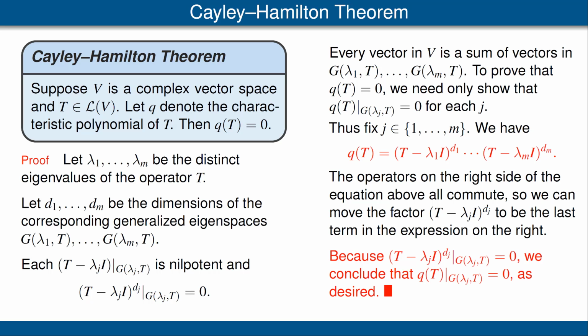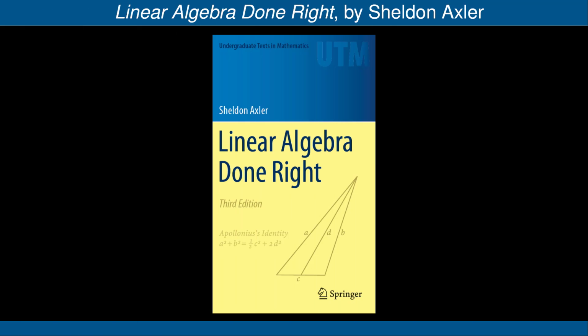In other words, we've proved that the operator Q applied to T restricted to the generalized eigenspace of lambda j of T is equal to 0, and thus Q of T is the zero operator, completing the proof of the Cayley-Hamilton theorem. This concludes part 1 of the video on characteristic and minimal polynomials.